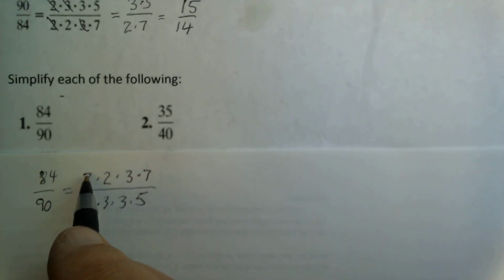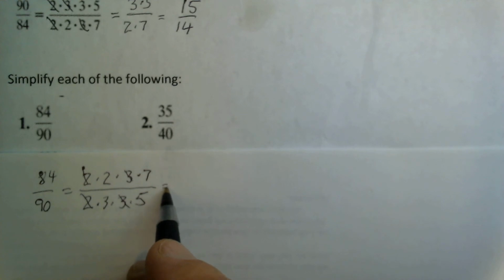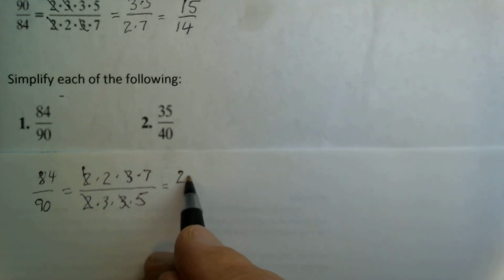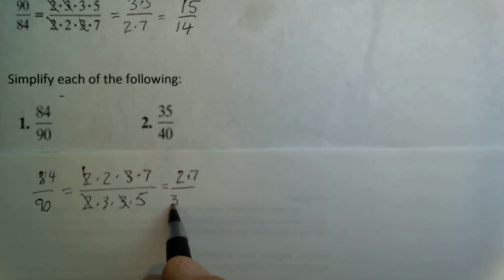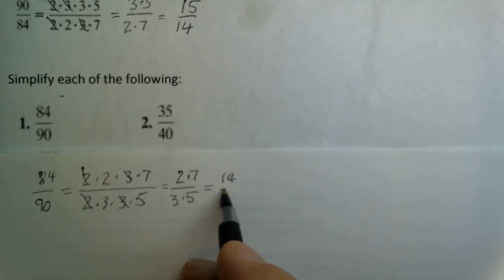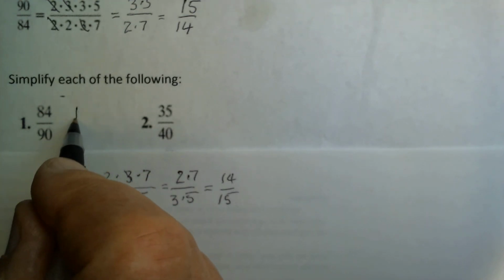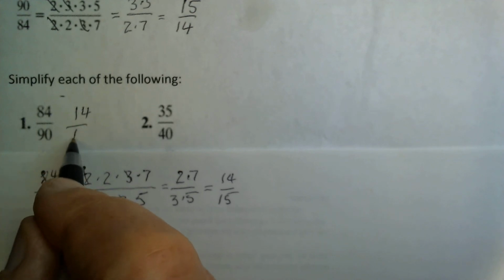So we cancel common factors. We can cancel a 2 against the 2 and a 3 against the 3. So then the answer is 2 times 7 divided by 3 times 5, or 14 divided by 15. So that's equivalent to 14 divided by 15.